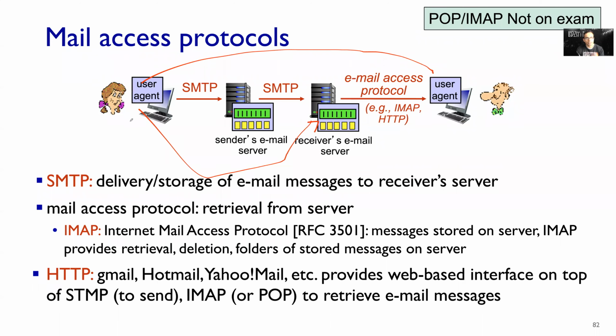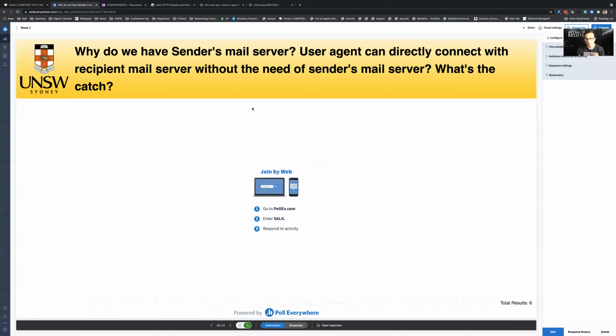So why cannot the user agent directly set up a TCP connection with the recipient's mail server and then send the email? Why do we need this in the middle? That's what the question is asking you.